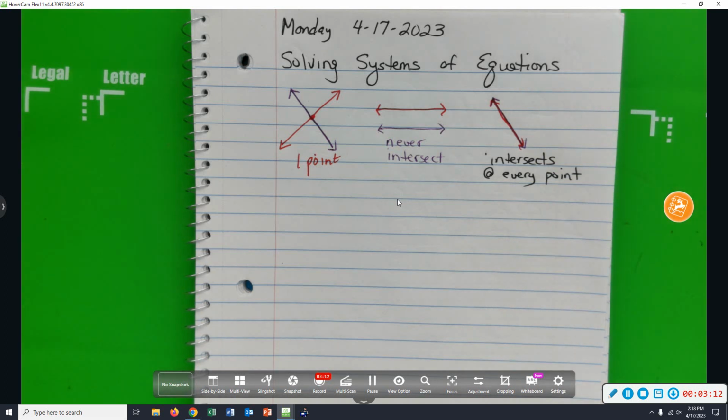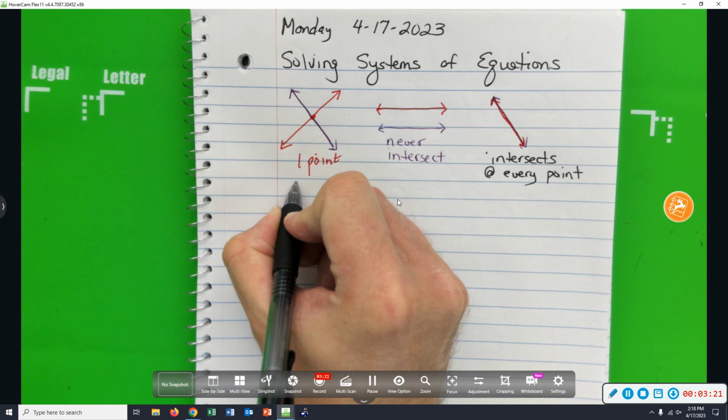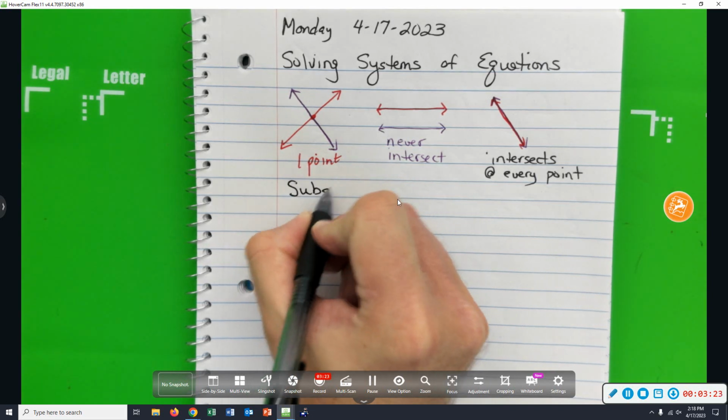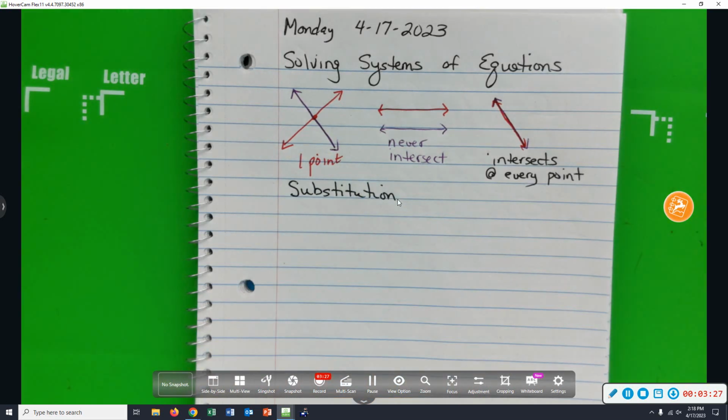Well, we're going to have several methods of solving these systems of equations. And the first method we're going to use is something called substitution. And I will demonstrate substitution with the first example here.